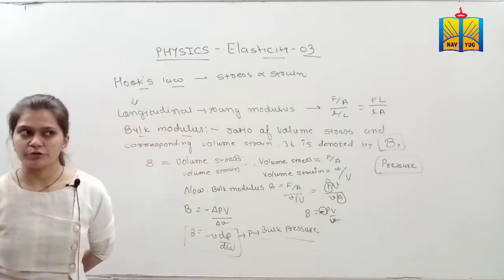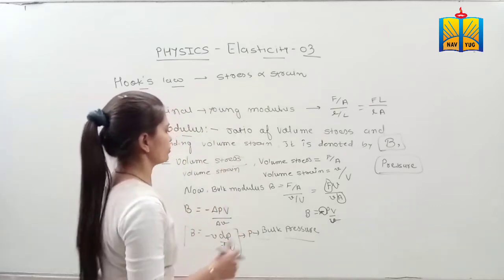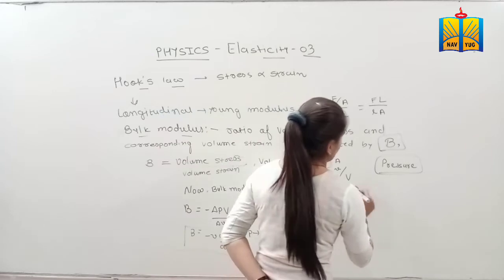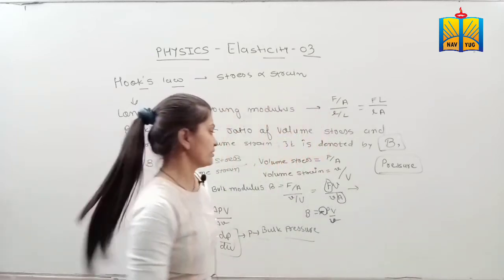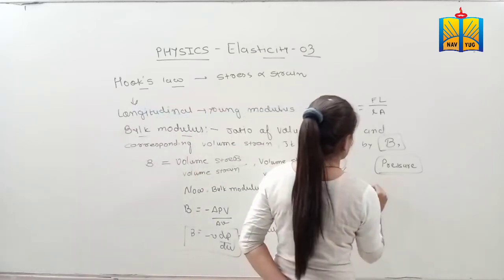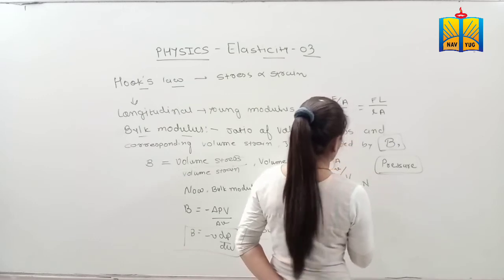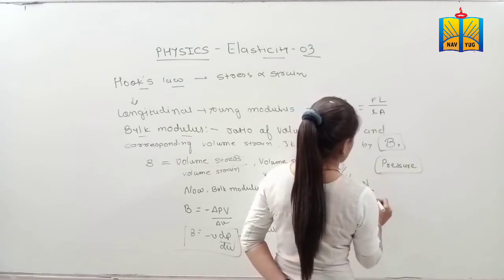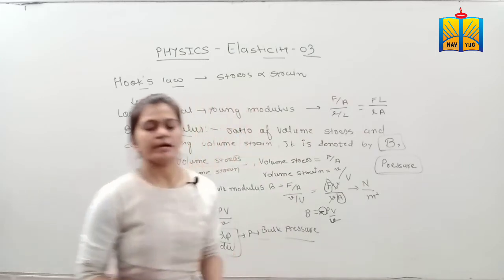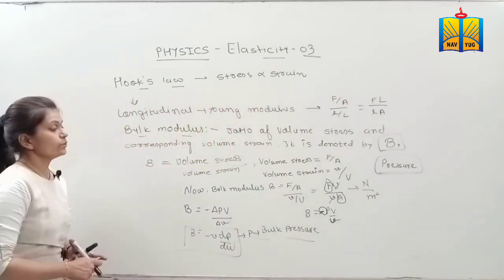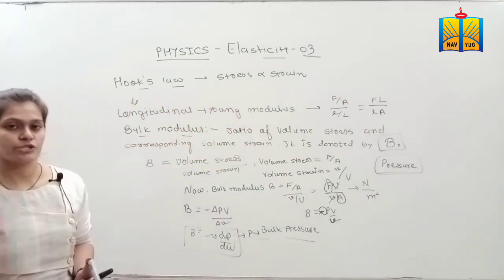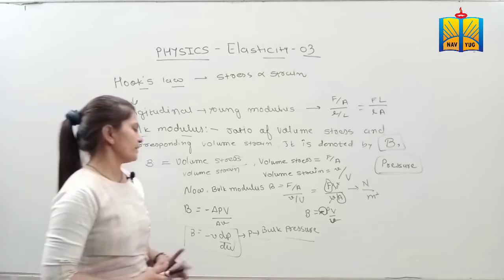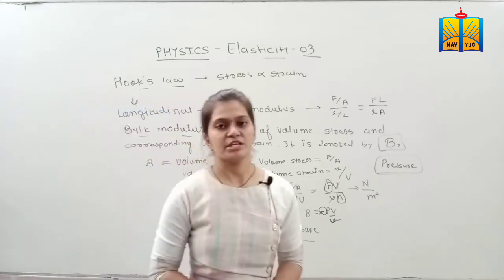And same as Young modulus, the unit of bulk modulus, from here we can denote it as unit of force, that is Newton. Volume both are cancelled, and the area, that is meter square. So that we can say the unit of bulk modulus, that is Newton per meter square. Here P, that is a bulk pressure.